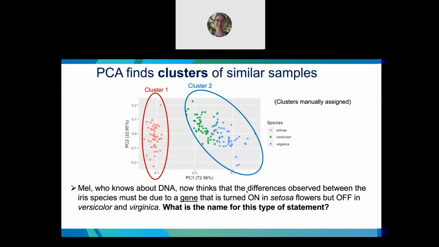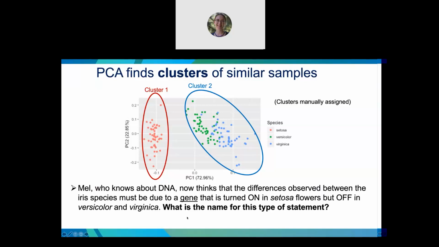And so Mel, our imaginary friend from the Tadpole Galaxy, does the same thing. So having seen this PCA plot, Mel, who already knows about DNA somehow, takes a look at this plot and says, okay, I think that the differences observed between the iris species could be due to a gene that's turned on in the Setosa flowers but turned off in versicolor and virginica.